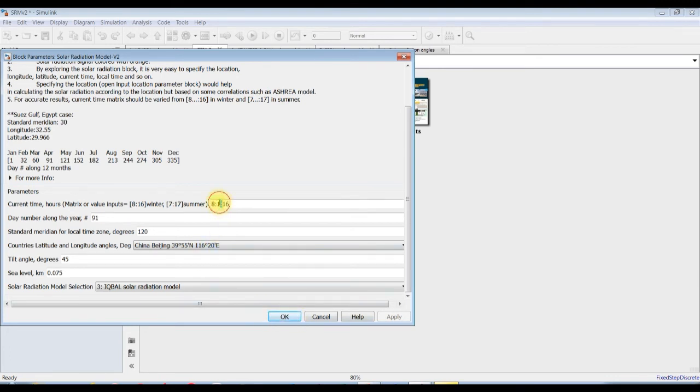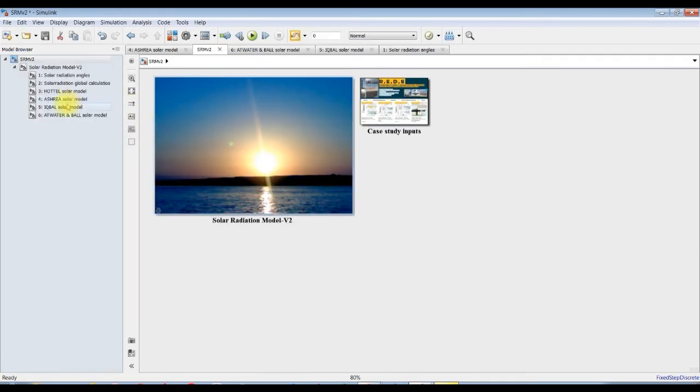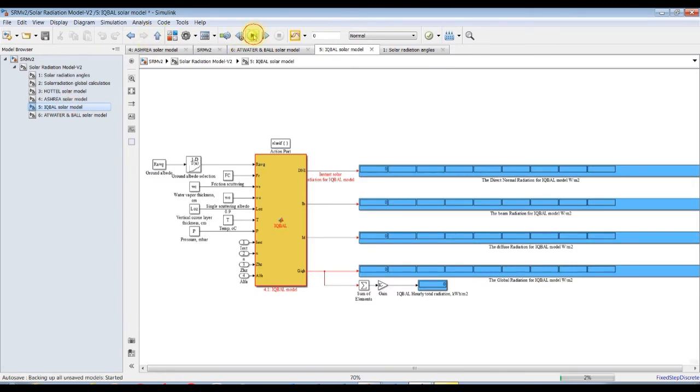Let's go for a 10 minutes interval. For China, for one model, let's run it.